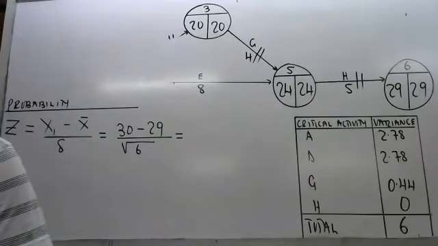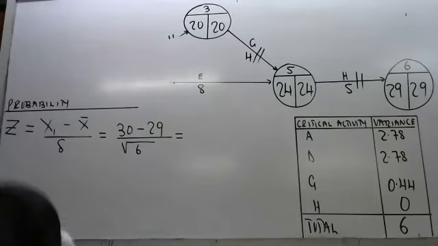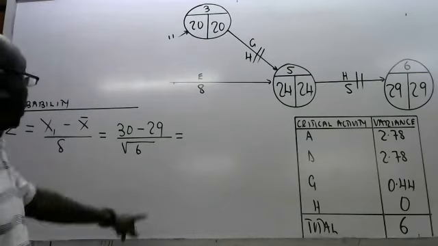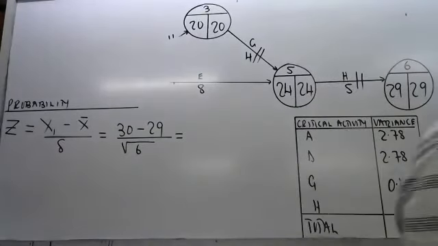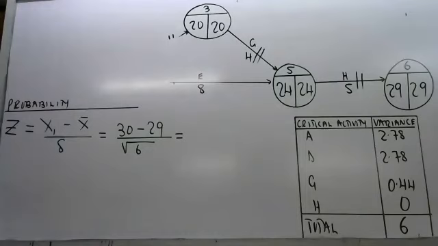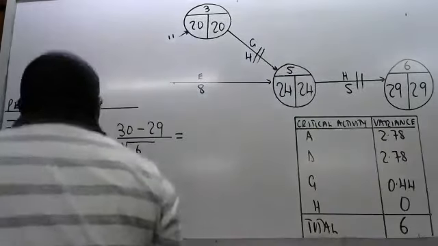So Z means the figure, this one. Okay, Jude is giving me 0.41.